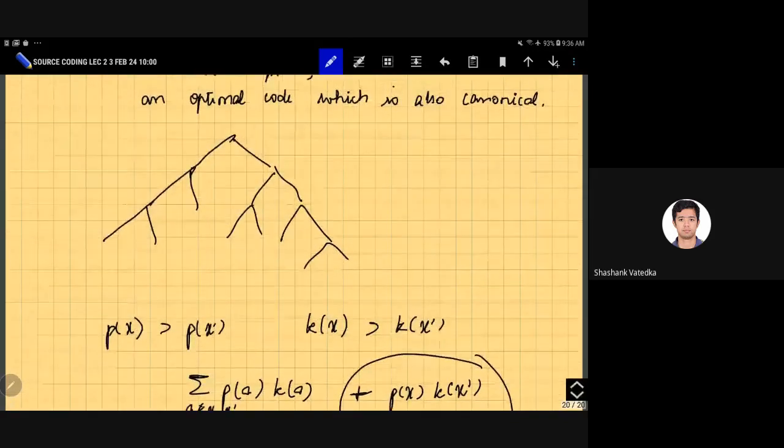You have a code word tree, and the two longest code words have different lengths. Is that possible? Okay, so the claim is it is possible. Can you give an example?